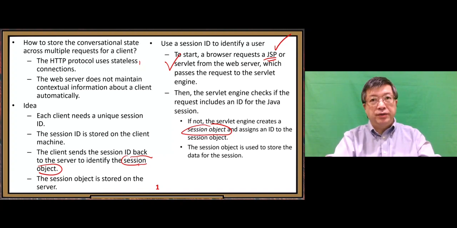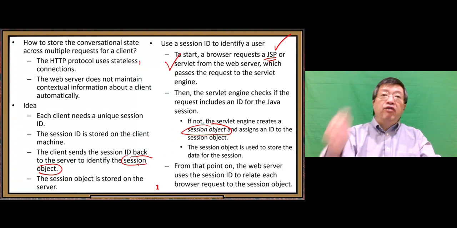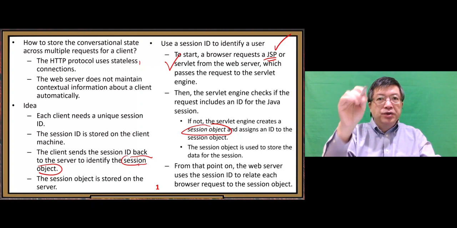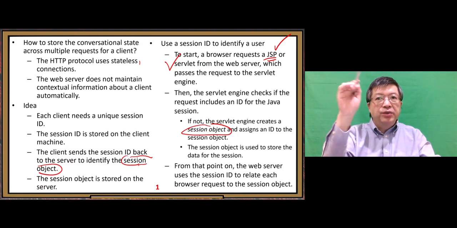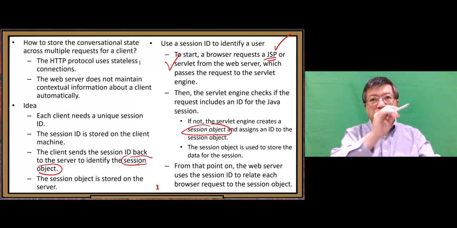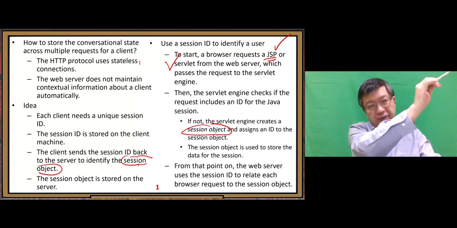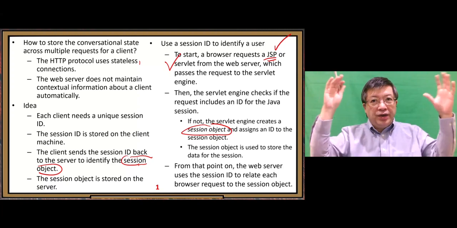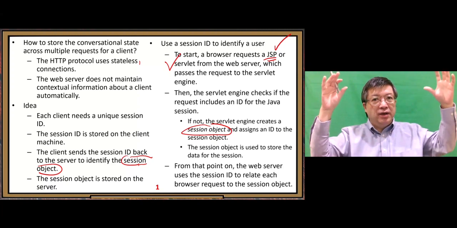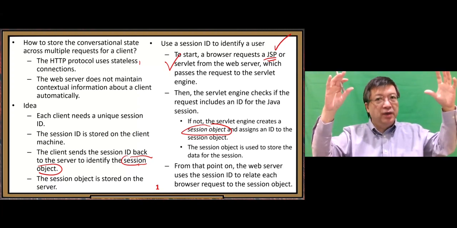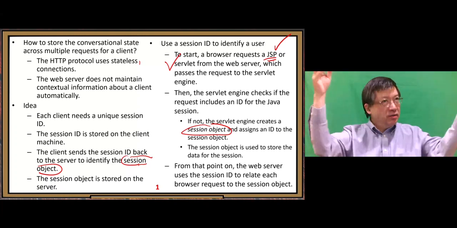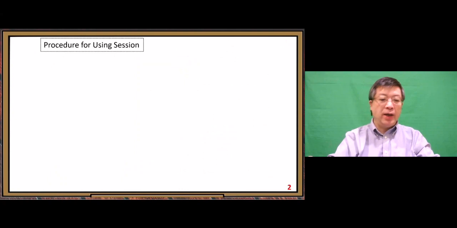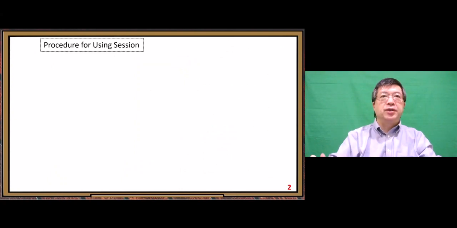From that point on, the web server uses the session ID to relay each browser's request. It's embedded in the browser request. So in our diagram, we can see the relation to the session object.